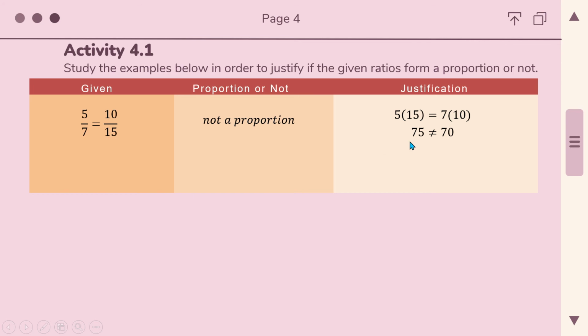Again, reversible raha. So what is 5 times 15? That is 75. 7 times 10, 70. Are the two given numbers on left and right side equal? Obviously, they are not equal. So therefore, this given proportion is not a proportion.